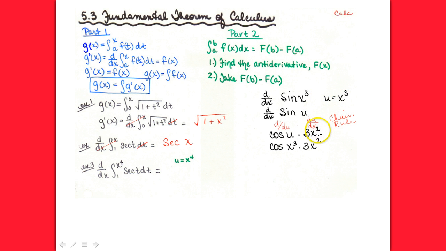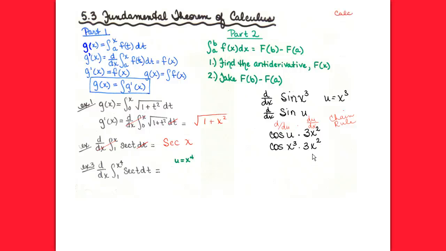And so then I have to back substitute and replace whatever was u with the x cubed. So we simplified that process down to say, let's take the derivative of the outside function times the derivative of the inside function, so we didn't have to stipulate that u substitution after we did the first couple of these. But that was our original introduction to it and its definition.